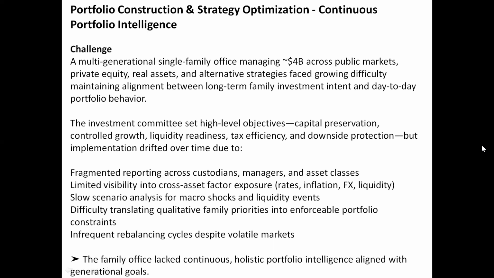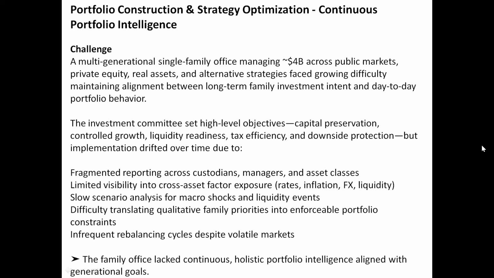So, starting from the problem, then the design: what kind of solution can you have with agentic AI? For example, the investment committee sets high-level objectives: capital preservation, controlled growth, liquidity readiness, tax efficiency, and downside protection. So they have a list of challenges they want to resolve.